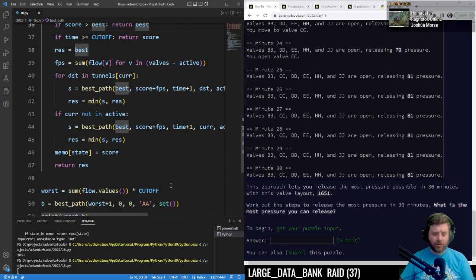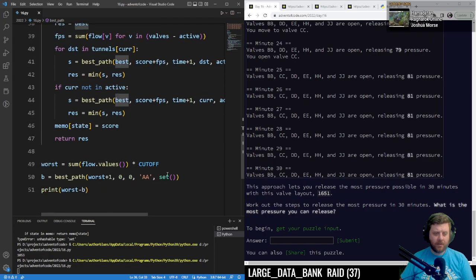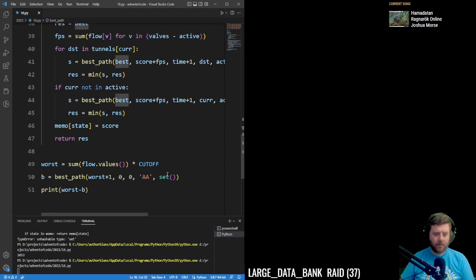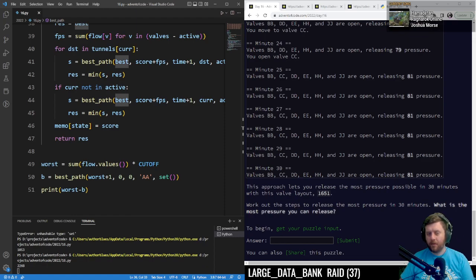Branch and bound should have reduced my need for memoization. Okay. Well, all that work and I got the wrong answer. So cool.